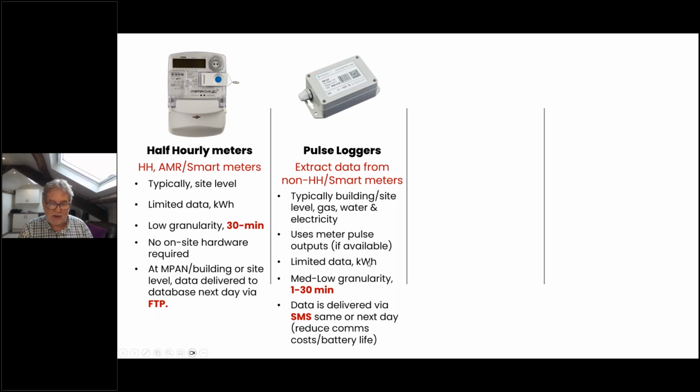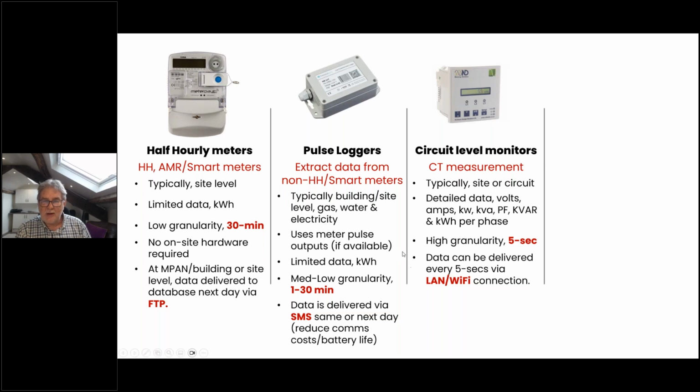It's got limited energy data, which is kilowatt hour only, but the granularity can increase from the 30-minute on the half-hourly to between 1 and 30 minutes, depending on the client's requirements. And this data is delivered via SMS, can be within a minute, 30 minutes, next day, as needed by the client.